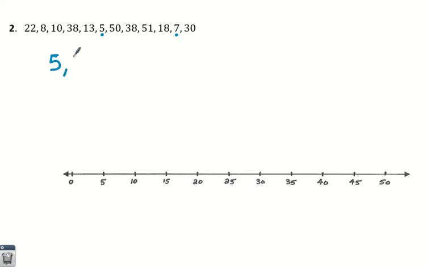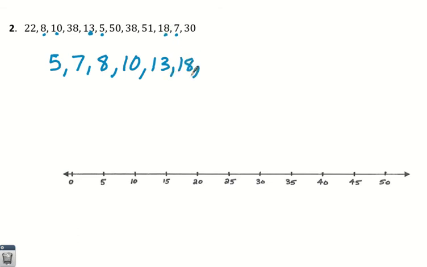Now it looks like it's going to go 5, and then 7, and then 8, and then 10, and then 10, and then 10. Looks like it. And then 10, and then 13, and you want to be sure, right? And then 13, and then 18.